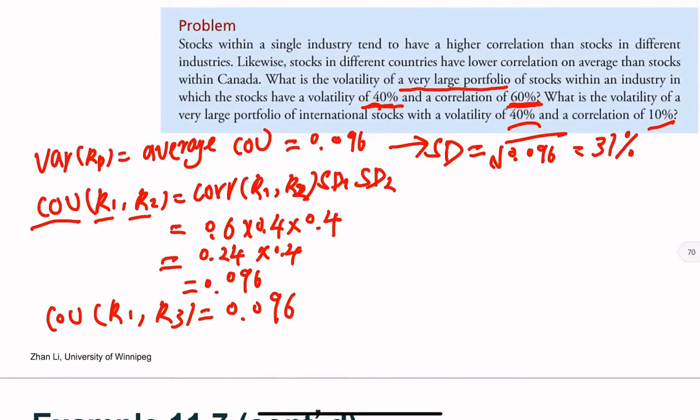Okay, let's calculate the second question. What is the volatility of a very large portfolio of international stocks with a volatility of 40% and a correlation of 10%? So I will just directly do the calculation here. Square root of variance, and variance equals average covariance, and covariance equals correlation times volatility.